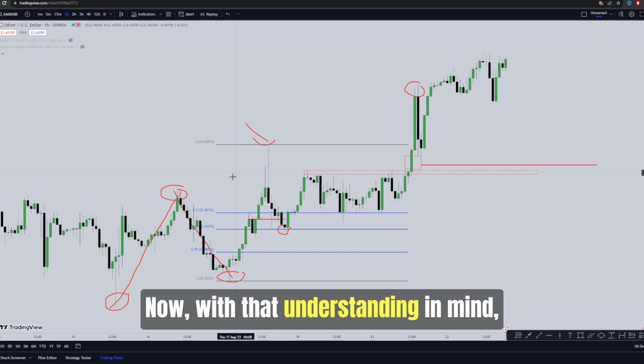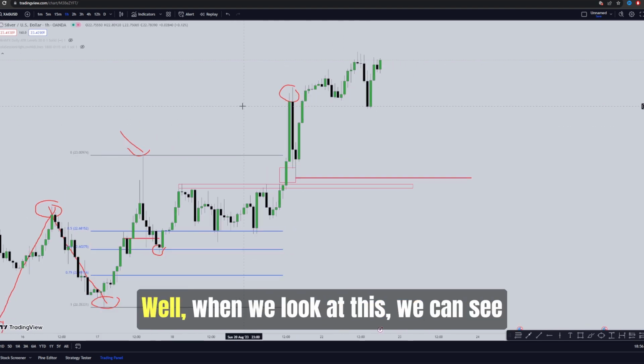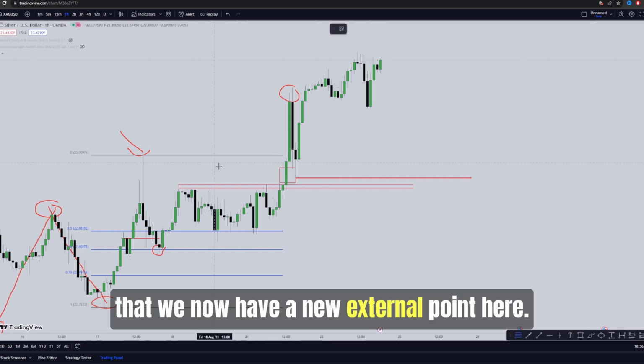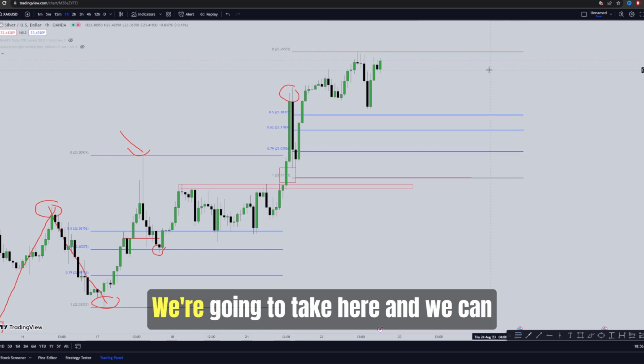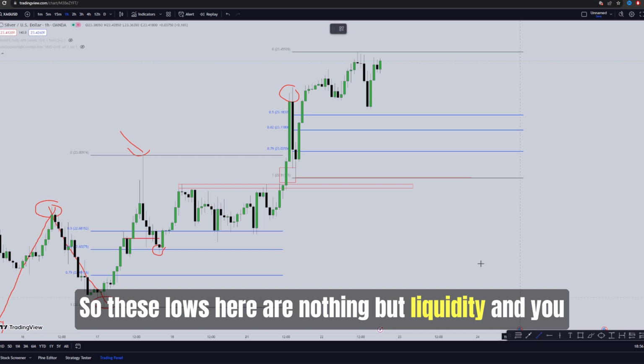Now, with that understanding in mind, what are we expecting now? Well, when we look at this, we can see that we now have a new external point here. We're going to take here, and we can see that we've not retraced to the 50%. So these lows here are nothing but liquidity.